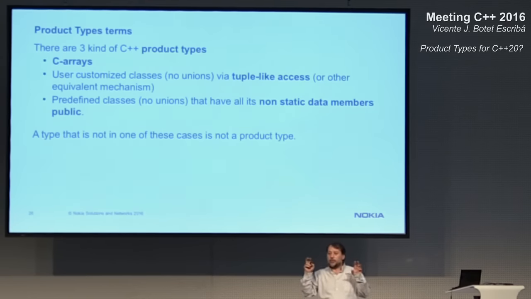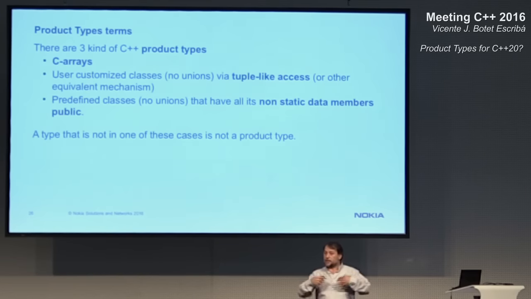I name product type what is supported by a structure binding. We need to work on the same set, and anything that is either not a CRI, not customized with tuple-like access, or something equivalent, or that does not have public non-static data members, is not a product type.